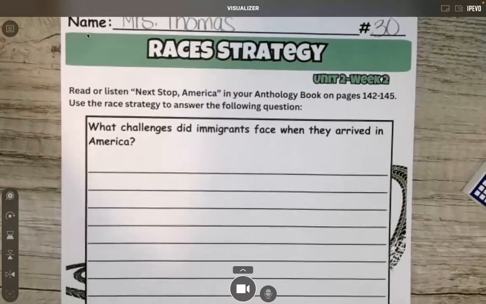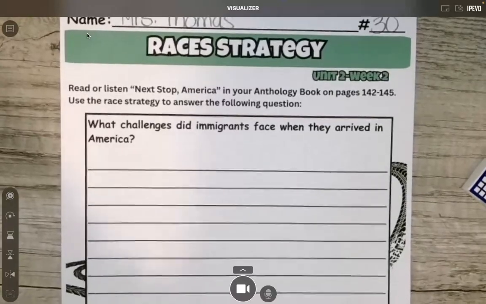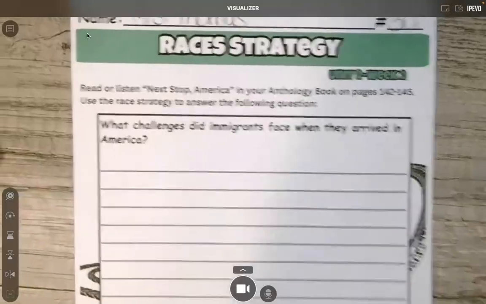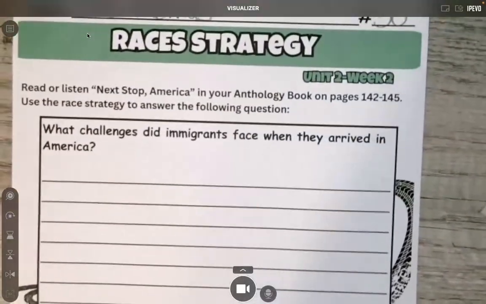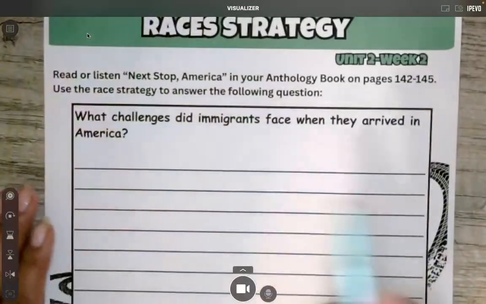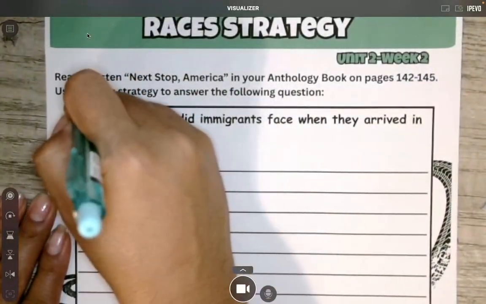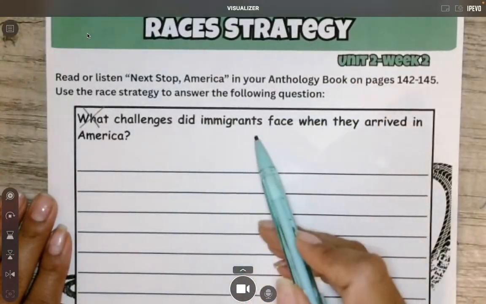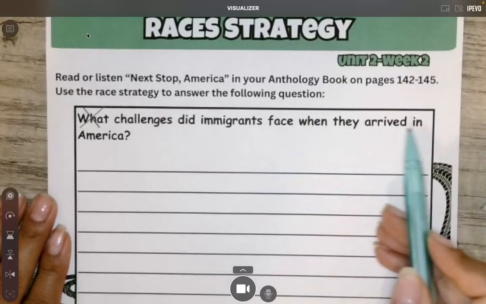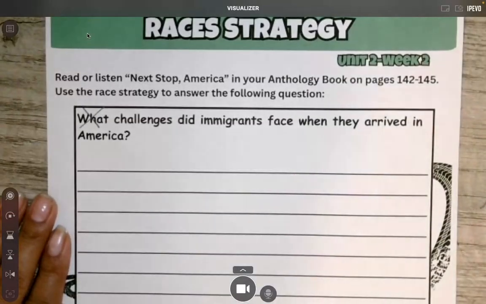So if I'm looking at this question, what is my question word that we see here? Well, I can already see that my question word is what. So I'm going to go ahead and cross that out. Now I have challenges did immigrants face when they arrived in America? That doesn't make sense, right?